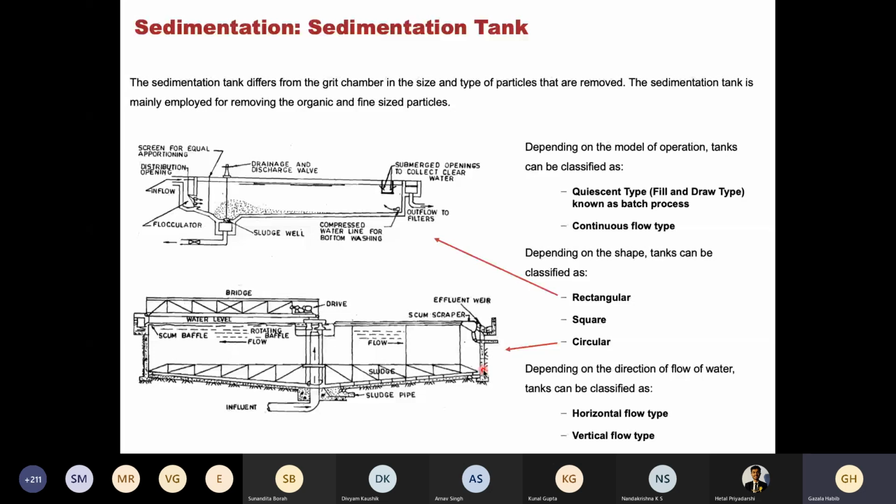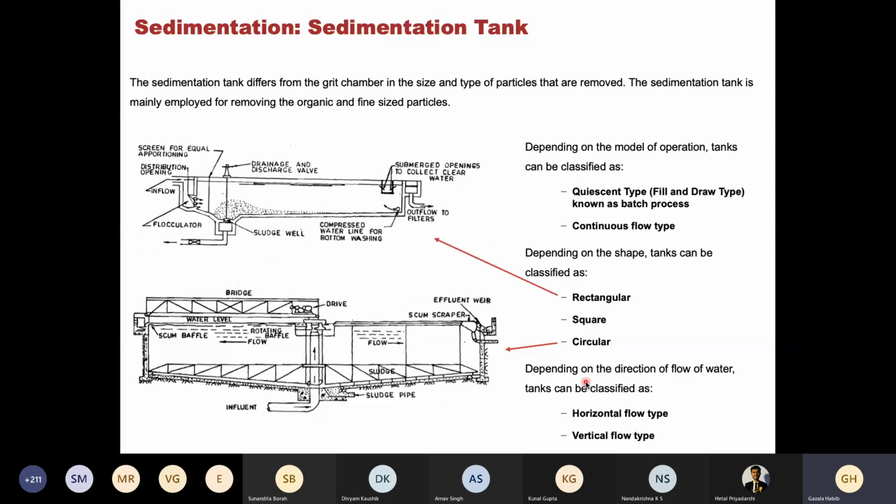Continuous flow type means we are continuously filling the water and removing a portion of water, so input and output go on simultaneously. Then, based on shape, rectangular, square, and circular settling tanks can be there.